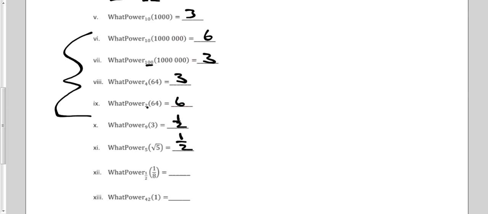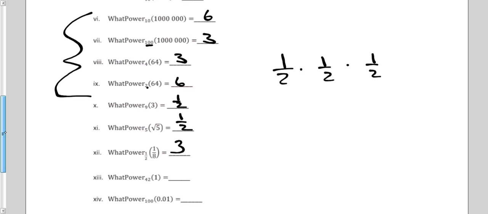No. I like where you're thinking, but not quite. 1/2 to what power gets me 1/8? 3, right? Because 1/2 times 1/2 gets me what? 1/4 times 1/2 again gets me 1/8. So this is 3. Good.